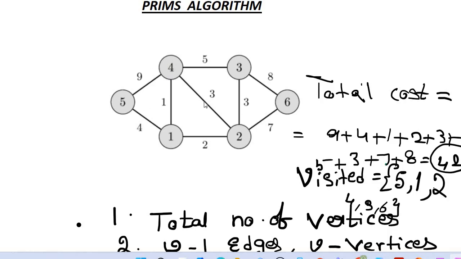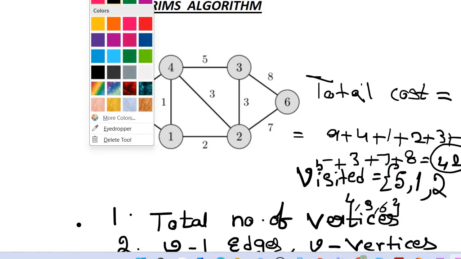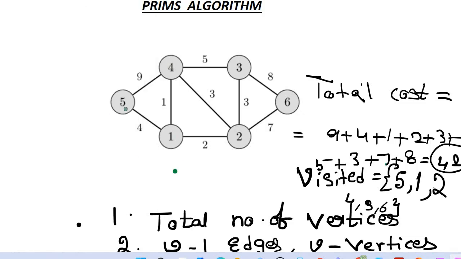So let us see what edges we have included and what edges we have excluded. So 5 to 1 included, 1 to 2, 2 to 6, 4 to 1, 2 to 3.